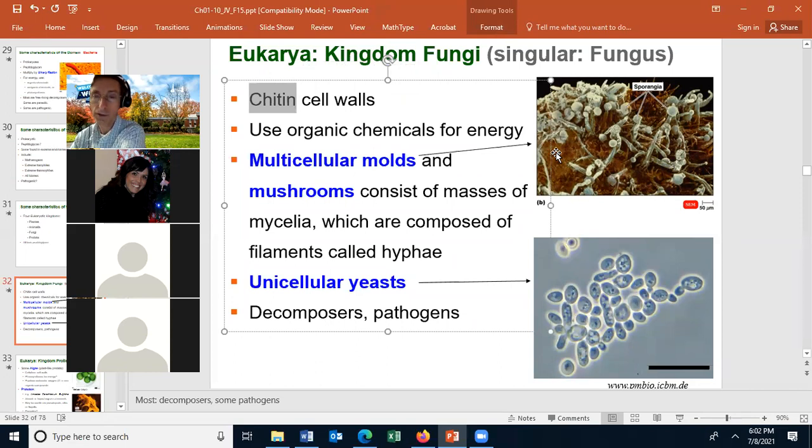And that could be glucose, but it could be some other nutrient, like when they're helping to break down a tree, that would largely be cellulose, and something would have to break down the cellulose because the fungi cannot break it down directly.